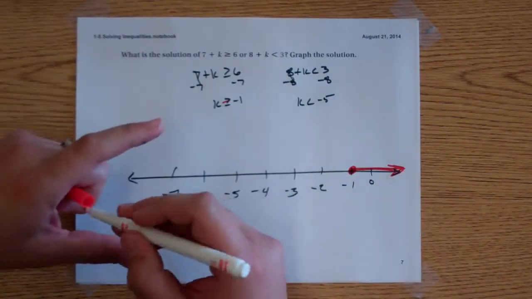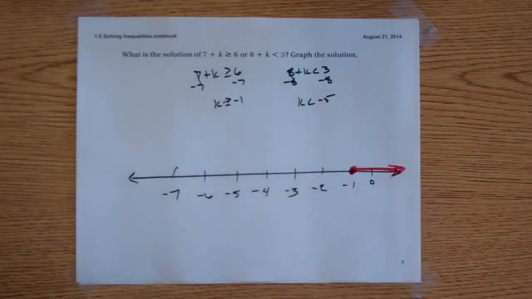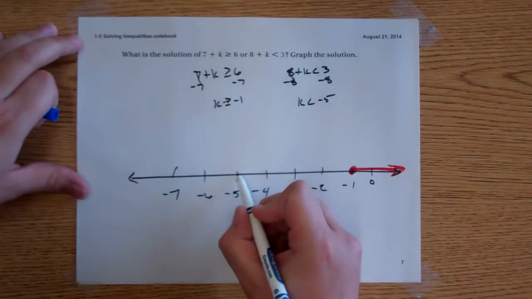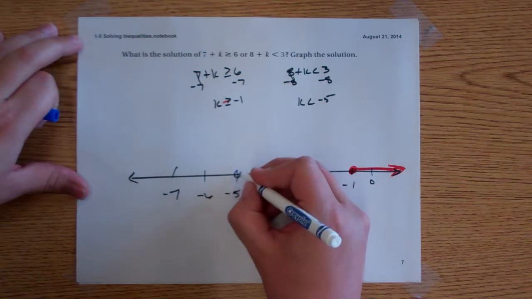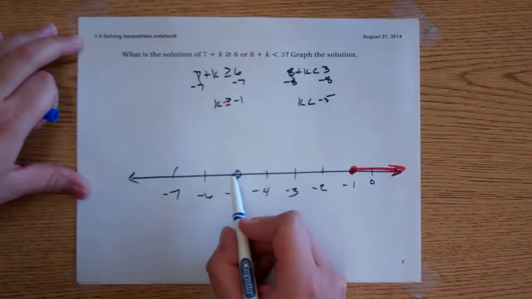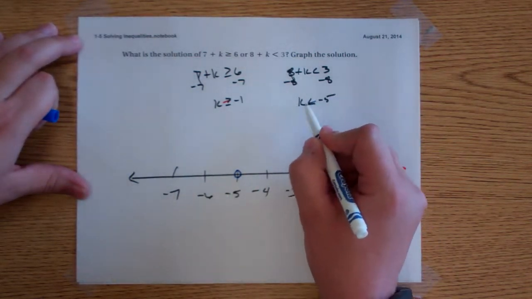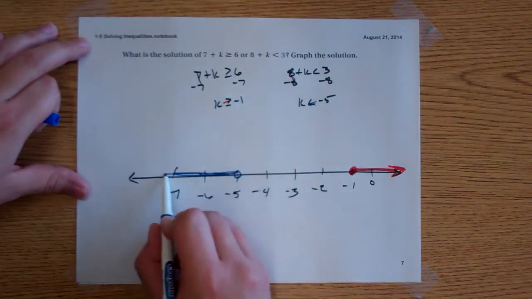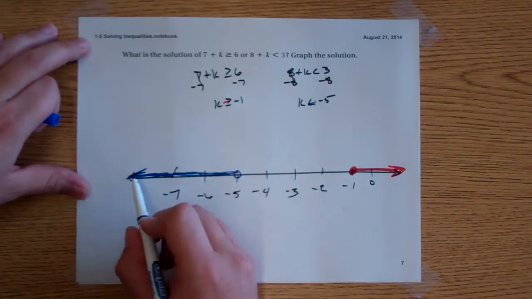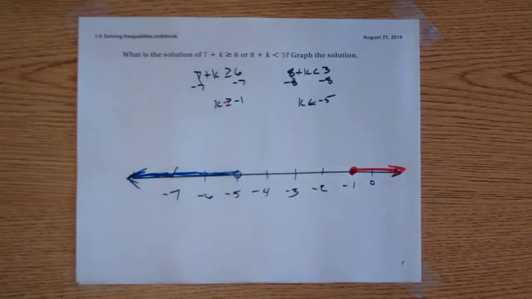Make a nice dot there. And then k is less than -5. So open circle at -5 because there's no equal to bar. And then again, your variable's on the left, so you can draw your arrow. Everything this way will get shaded.